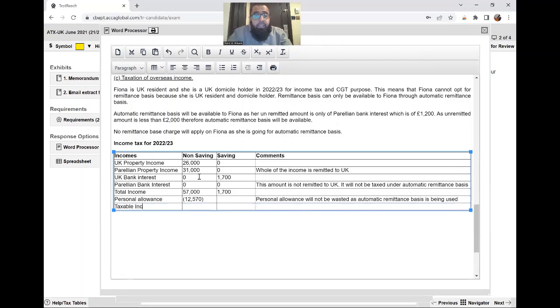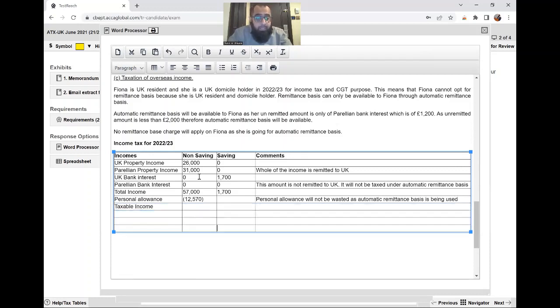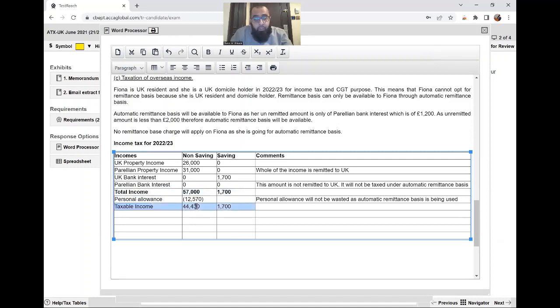This will give us taxable income. Let me add few rows. So 57,000 minus 12,570. So it's 44,430, and here it is 1,700. Just have some patience. Some students might be understanding here, but some might have got confused, so no need to worry.